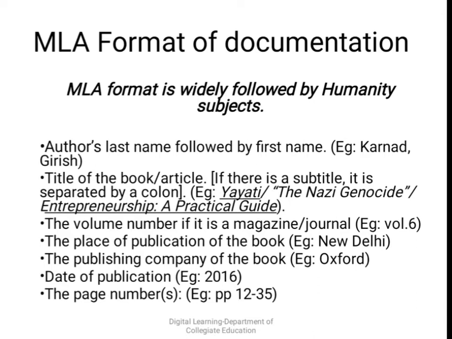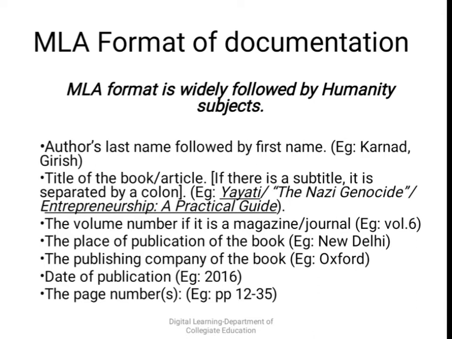Example, it could be New Delhi, Hyderabad, Chennai, depending on the place of publication. Then comes the publishing company of the book. Example, Oxford or Peacock or Penguin, Orient Longman, Orient Black Swan, Zubaan, Kali for Women, and so on.